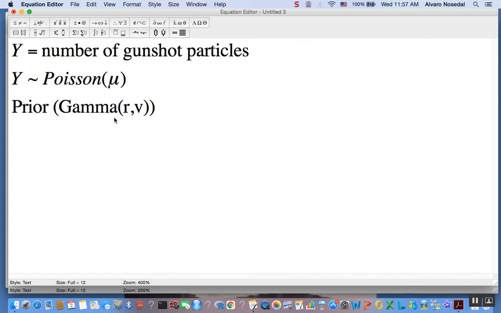Now let me say something about that prior that we're going to be using. Imagine that these scientists, based on similar past cases, think that a prior mean of 6.5 and a prior standard deviation of 3 makes sense.